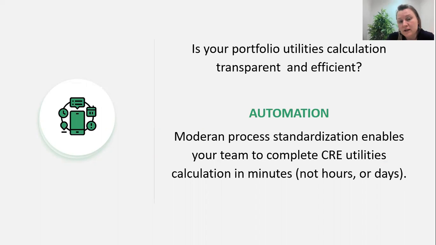Moderan has definitely worked on making this automation possible through standardized processes, and our customers have managed to turn utility calculation into a process that takes minutes instead of the hours or sometimes days that it used to.